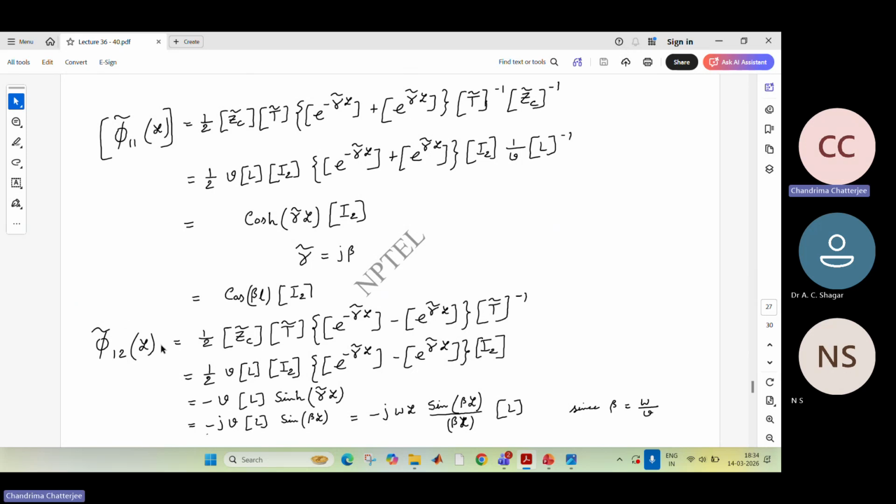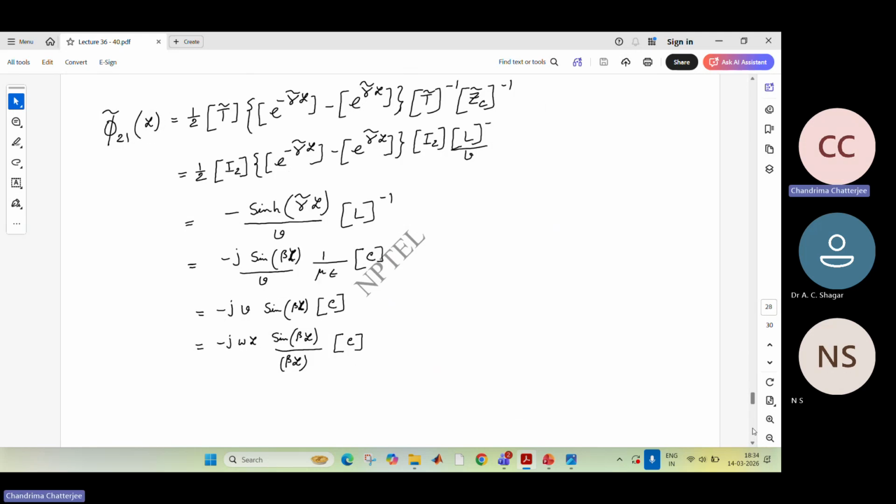And then what is phi 12? Phi 12 is this. This is minus j omega L sine beta L by beta L. And then phi 21.